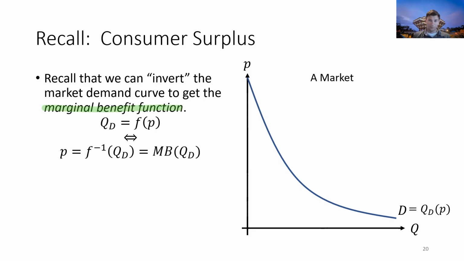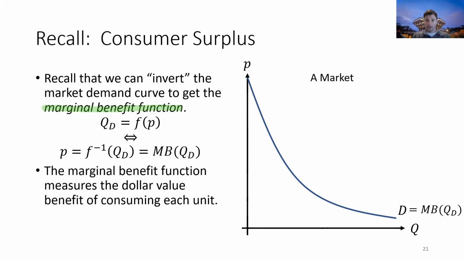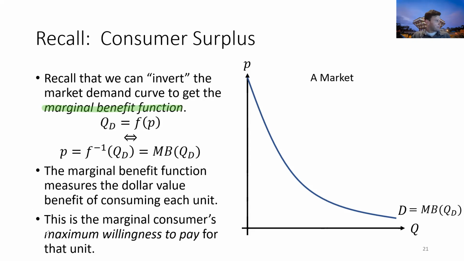The demand curve measures the value to the buyer on any unit that they're going to purchase. That's exactly what a demand curve does. And what is that value reflecting? It reflects the maximum amount the consumer is willing to pay for a particular unit.